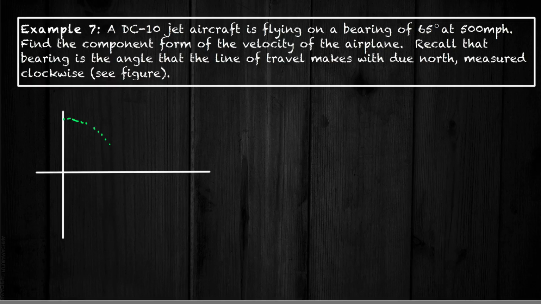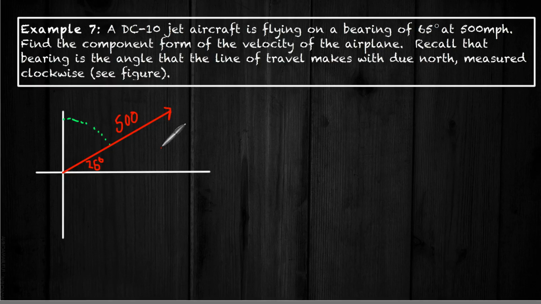So that means that the plane is flying in this direction right there. And so we'll put a little tail on that. And so that means that this angle is 65, which means that this angle here is 25 degrees. And the magnitude or the speed of the plane is 500 miles per hour. So we'll put that as 500.